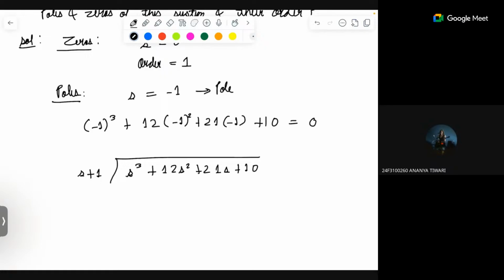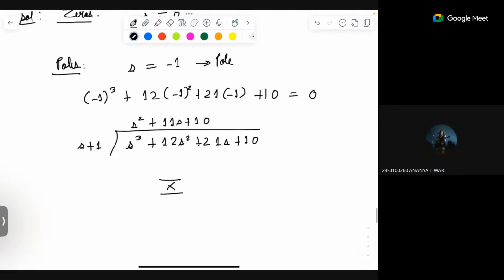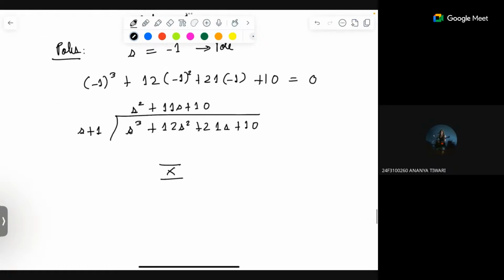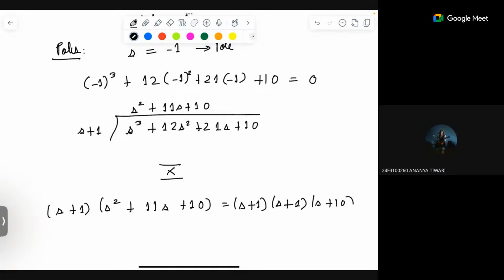Once you perform the division, the quotient that you will get is s square plus 11s plus 10, and the remainder will be 0. So now we have the new denominator polynomial as s plus 1 into s square plus 11s plus 10. If you factorize the quadratic, you will get s plus 1 into s plus 10.